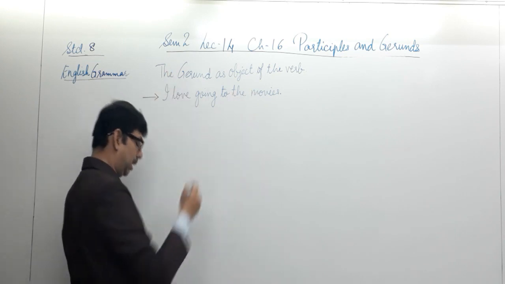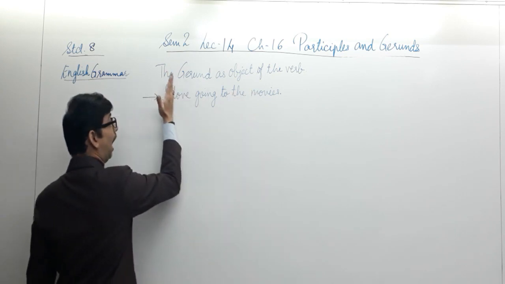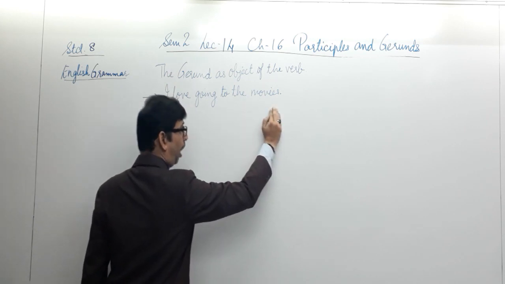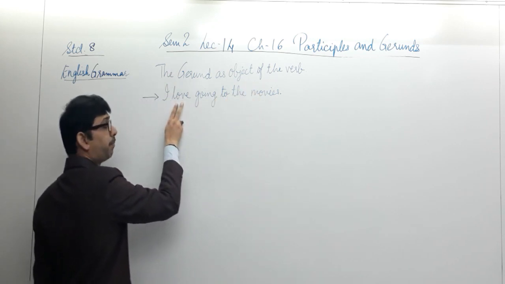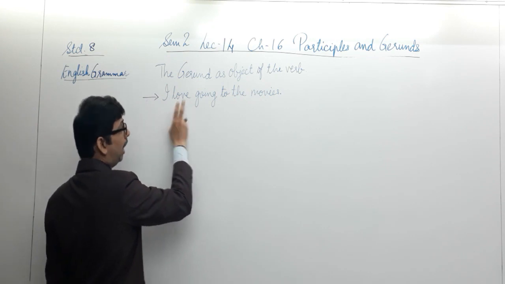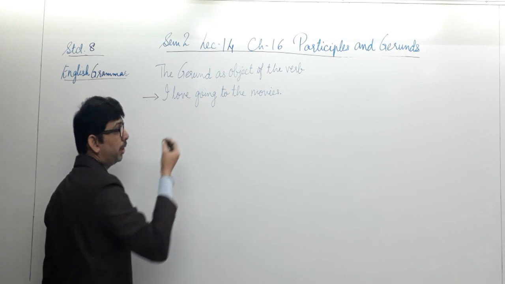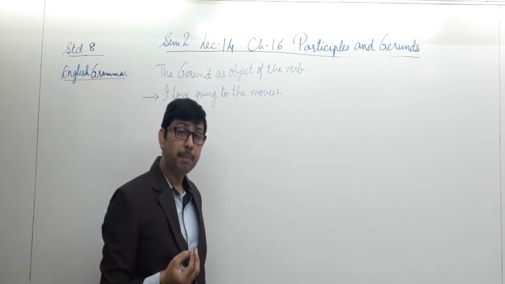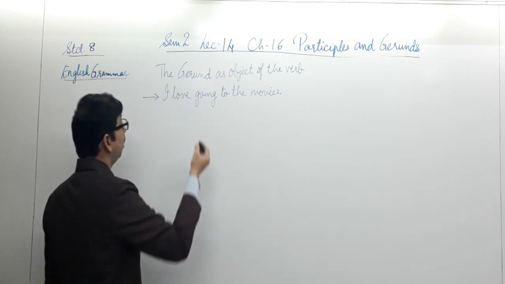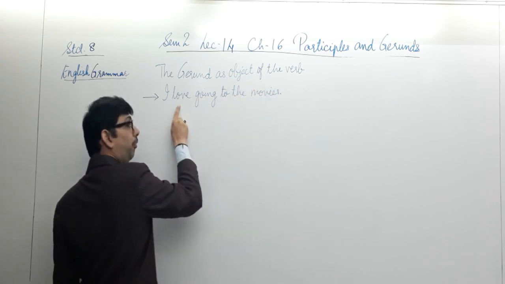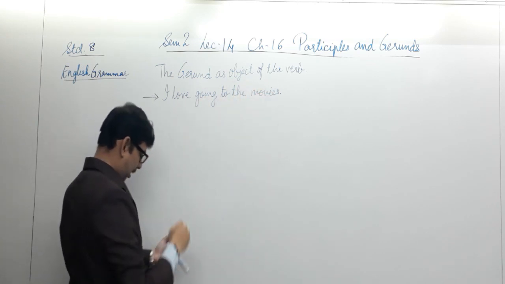If I bifurcate the sentence into two parts, I can say I is the subject and love going to movies is the predicate part. In the predicate part, I have the main verb love, and then the following word is the ing word. It appears to us as a verb, but it is playing the role of a gerund as object of the verb love in this sentence.